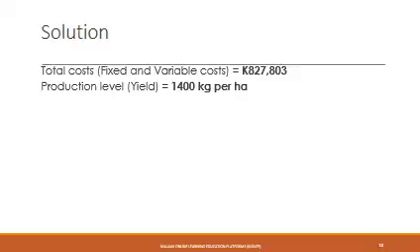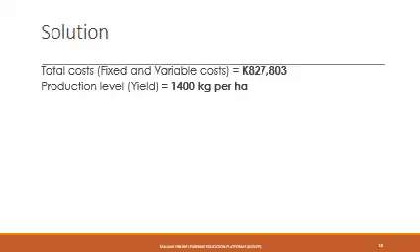You need to be very clever, because sometimes they give, for example, 1,400 kgs per hectare, but in the question the farmer has a land of about 3 hectares, so you need to be very careful there.